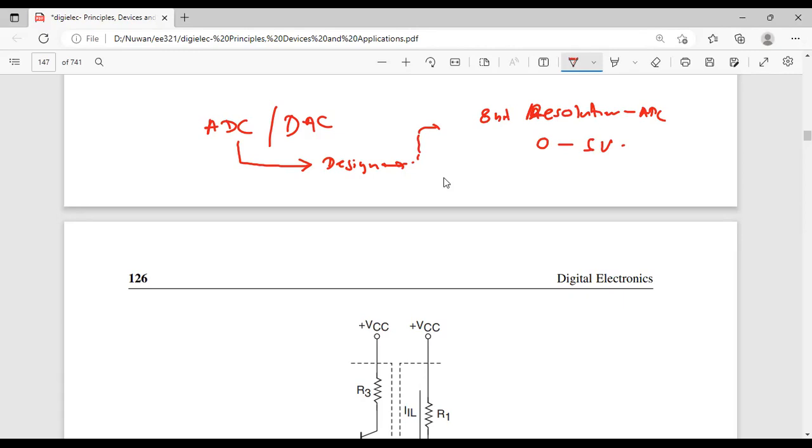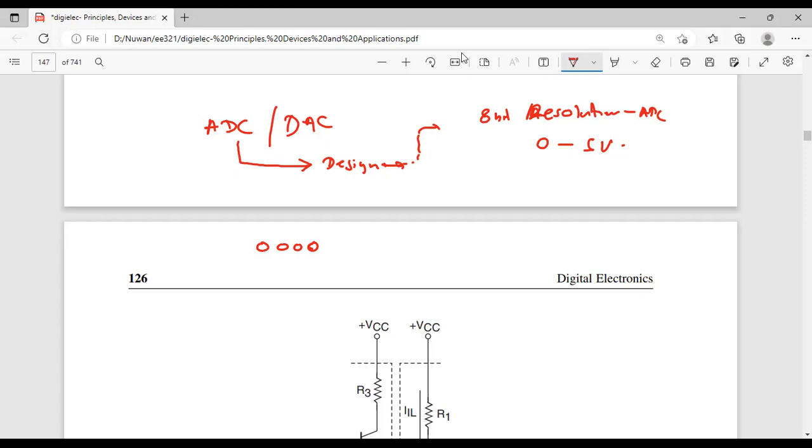First you have to write the status. So this is 8-bit resolution, so you have to use 8 bits. Maybe you will not be given an 8-bit, the big one.